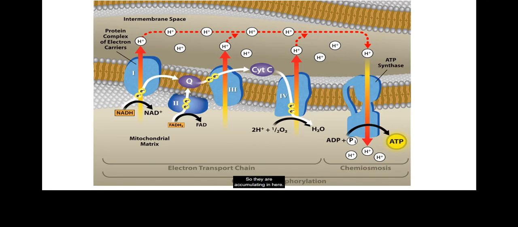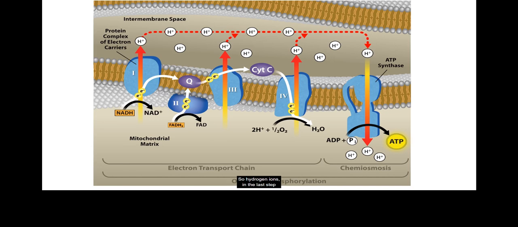So they are accumulating in here. And this creates a gradient: both a concentration gradient, with high and low concentrations of hydrogen ions, and an electrical gradient, with a lot of positively charged ions on one side and overall negative charge on the other.